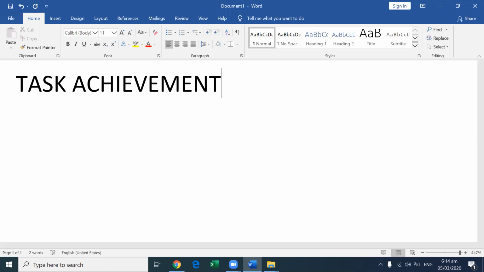The task achievement is the most crucial criterion because this is the determining factor if you will get at least a band score of 7 or 6.5. Why is that so? Most of the time, if you fail to achieve the task, there are examiners who would no longer consider the other criteria, because for them it's no use.